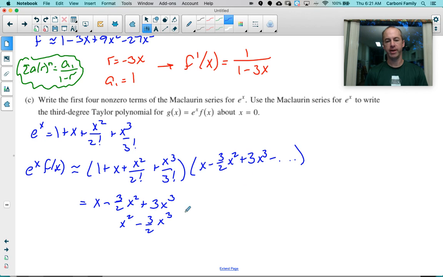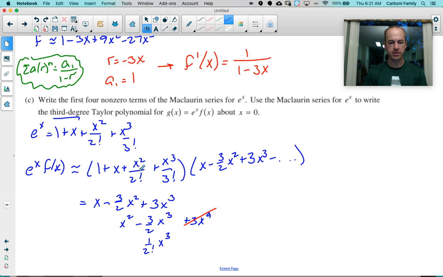X times 3x cubed would be 3x to the 4th, but I don't care because I want the third degree Taylor polynomial, so I'm actually going to ignore that piece. We're going to go only so far as I get my third degree terms. Distribute my x squared over 2 factorial, so x squared over 2 factorial times x would be x cubed over 2 factorial, so that'll be 1 over 2 factorial x cubed.